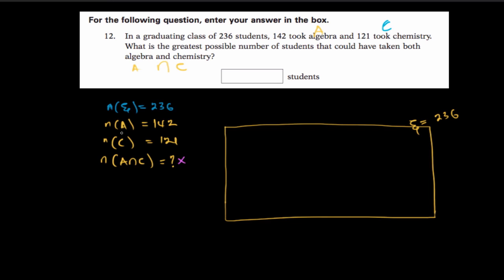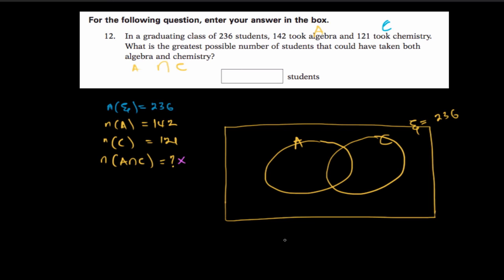Now I'm going to represent the subsets of the universal set with oval circles. A is 142, so this is going to represent my A, while C is also going to be represented by an oval circle. Keep in mind that we're going to assume that there is an intersection between A and C. So this is what we have.